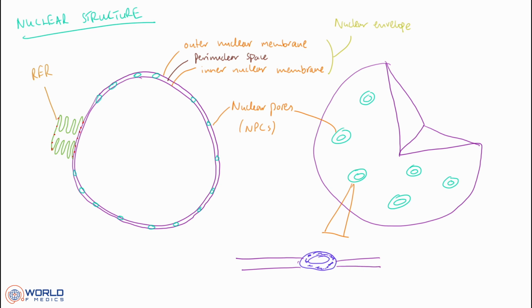Attached to these proteins are some other components. We've got these kind of tentacles coming out, and this side will be the side of the cytoplasm, and this will be the nucleus.